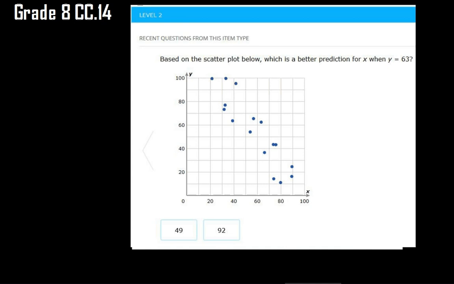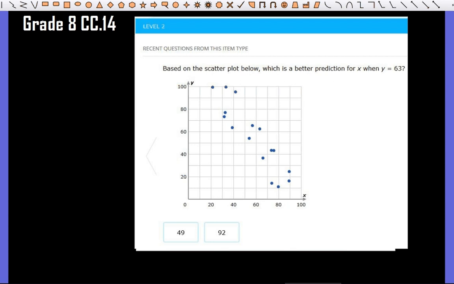So let me just try to draw a straight line. Let's say, all right, if my y value is about 63, so we're talking about this line, what would be a reasonable x value? Would it be 49? Let's do blue for our x value.